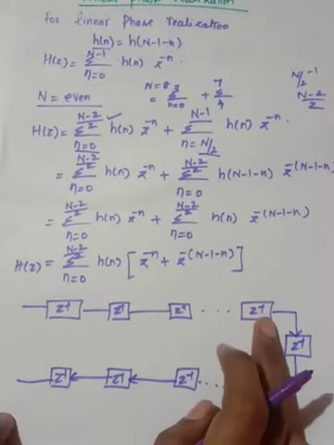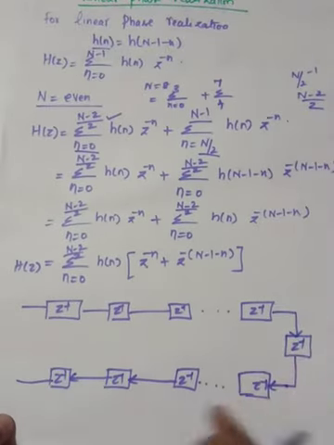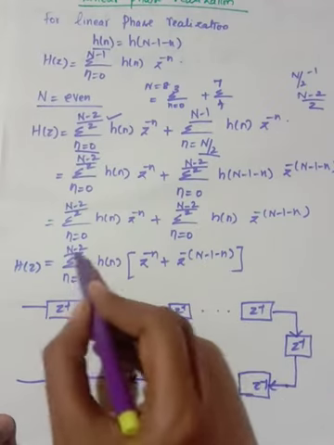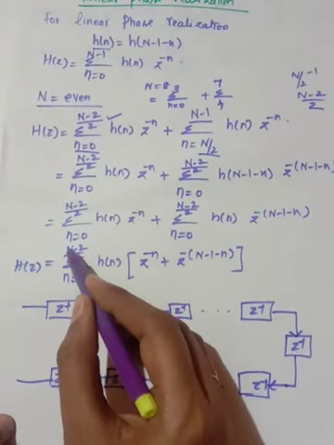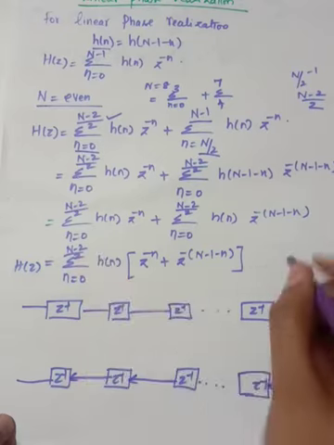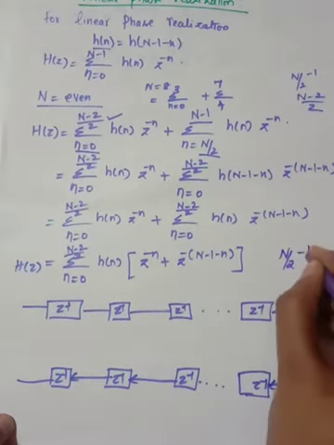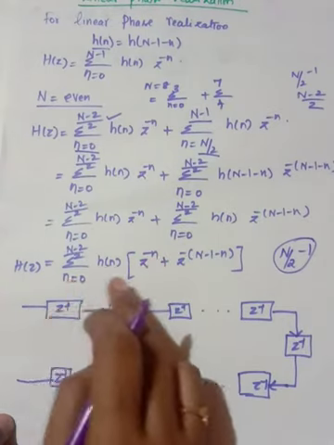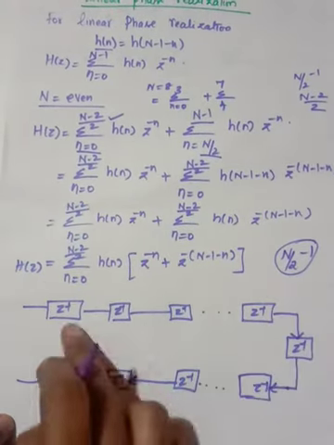Here I have drawn the delays, where the summation varies from n is equal to 0 to N by 2 minus 1, so that many delays you will have.